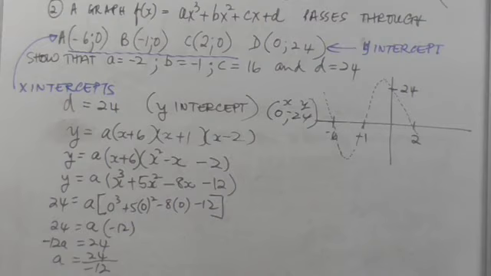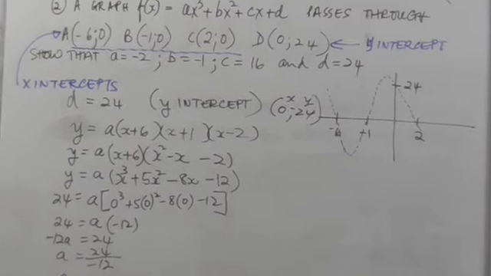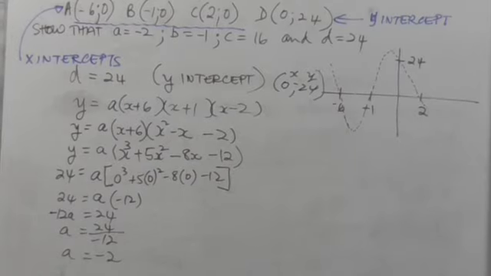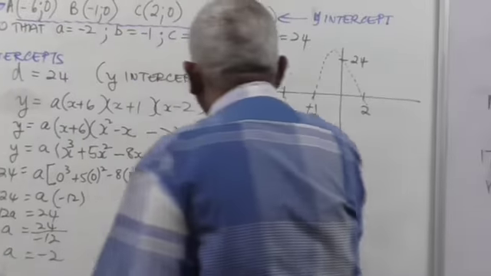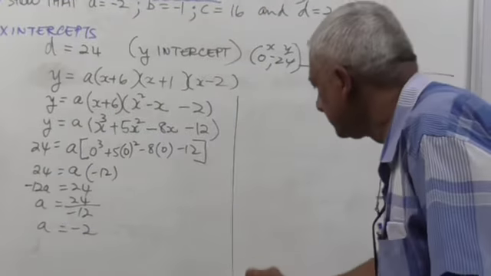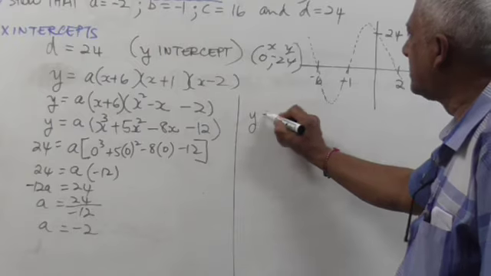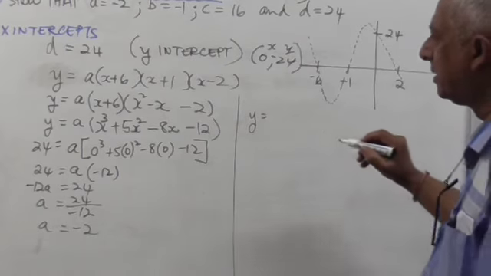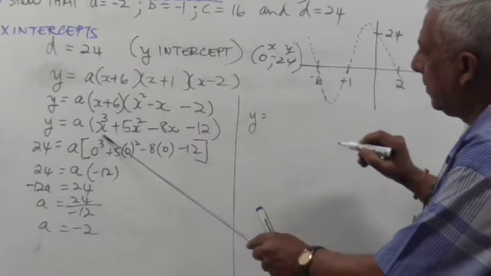We're only left with b and c. Alright, so let's go on to the other side. Now, y is equal to, we're going to expand this.